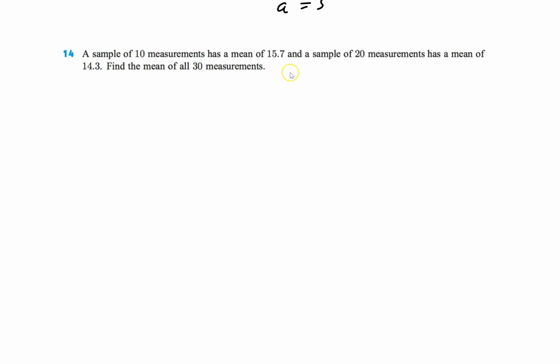Another quick mini example. A sample of 10 measurements has a mean of 15.7, and a sample of 20 measurements has a mean of 14.3. Find the mean of all 30 measurements. Students hate this type of problem. They always get it wrong. So the key is to treat them separately. We have this one, where the total over 10 measurements equals 15.7. Right? The average is 15.7.